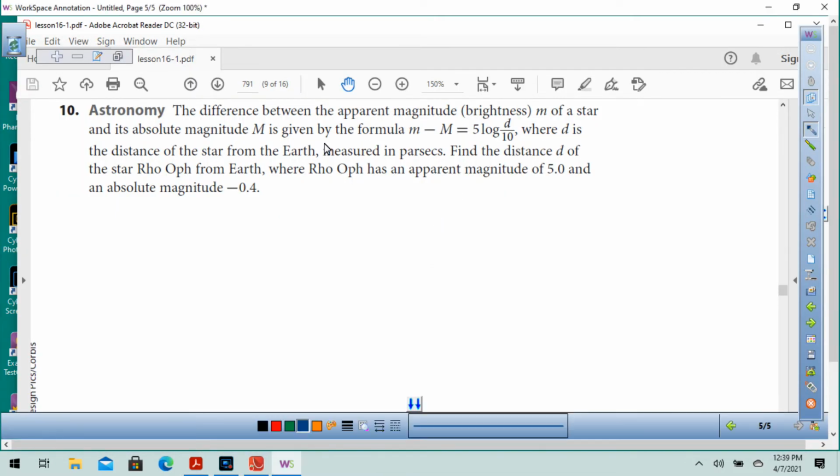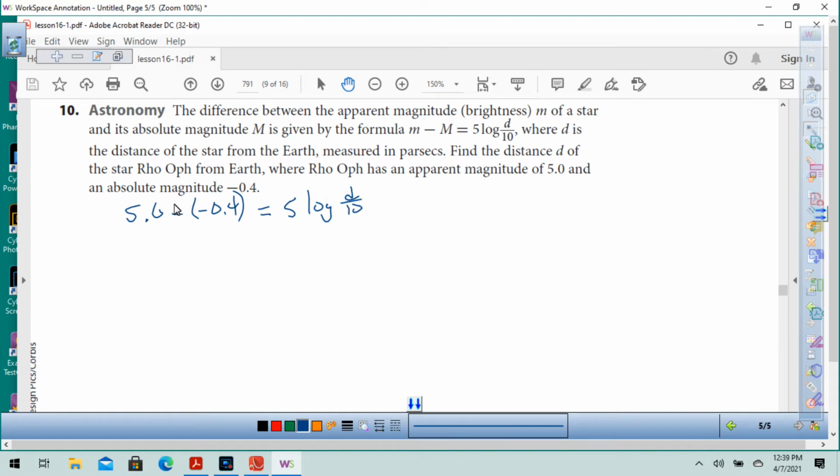Find the distance D of the star Rho Ophiuchi from Earth, where Rho Ophiuchi has an apparent magnitude of 5 and an absolute magnitude of negative 0.4. So I'm going to have 5.0 minus negative 0.4 equals 5 log D over 10.